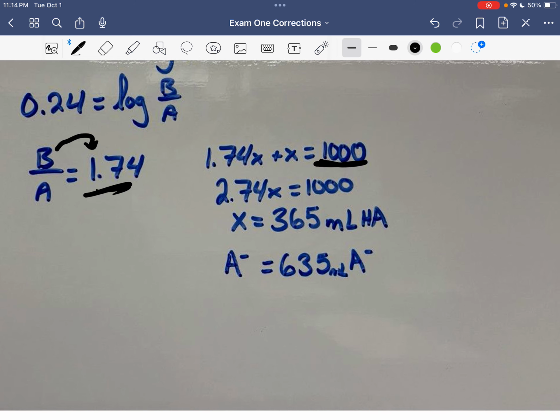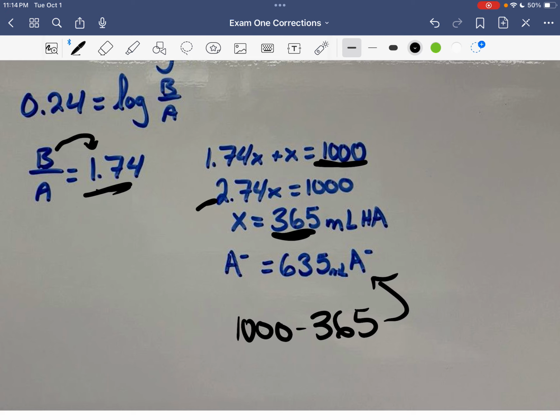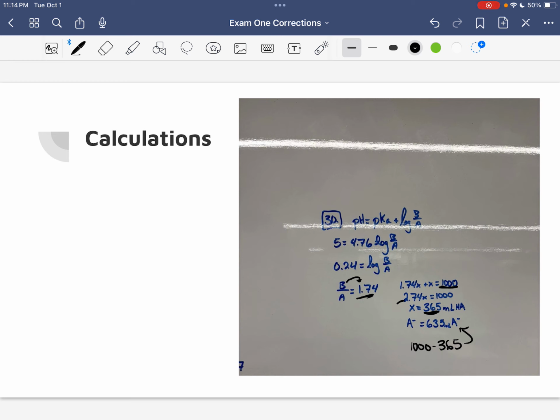I think I didn't do my conversions right originally, and then once we get here, you divide 1,000 by 2.274, you get 3.6, and then 1,000 minus 365 equals that. So that's how I get our concentrations and what they should actually be.